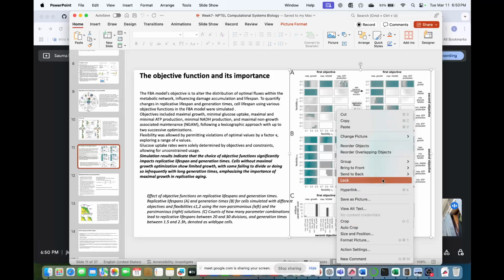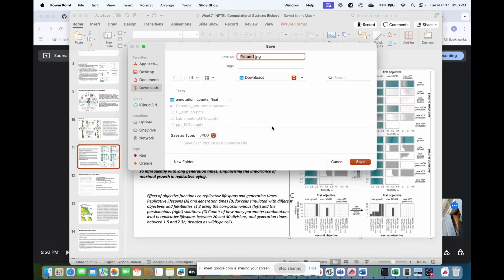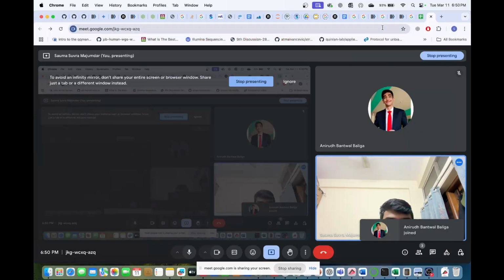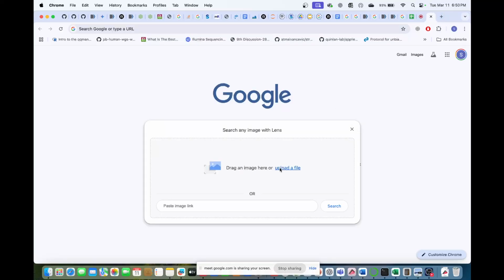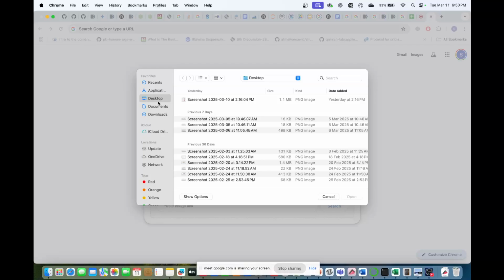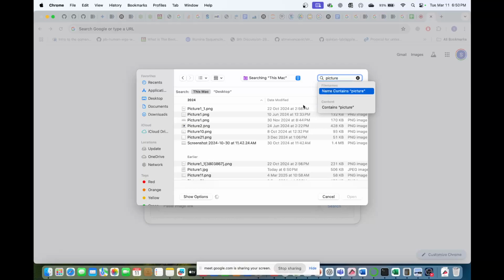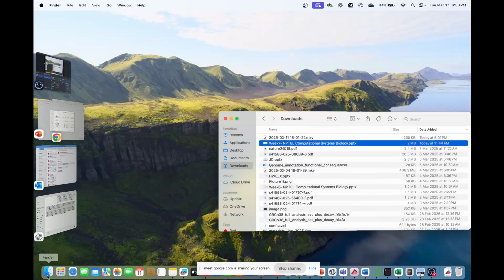I'll just quickly do a reverse search and see if I can find this particular paper. One second.